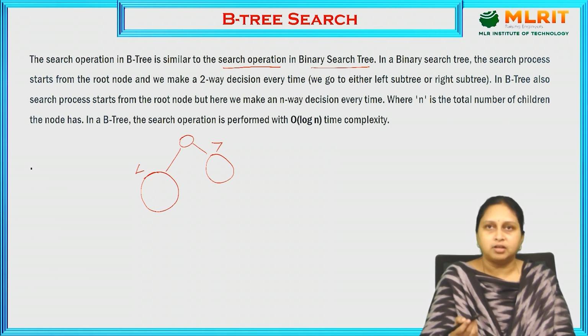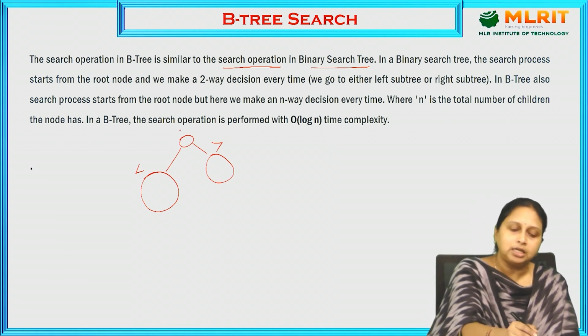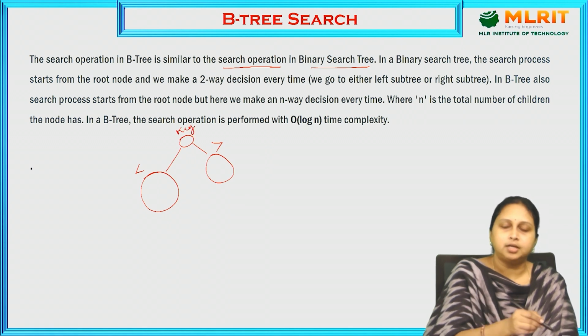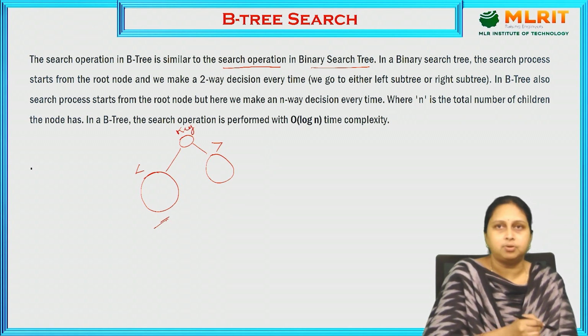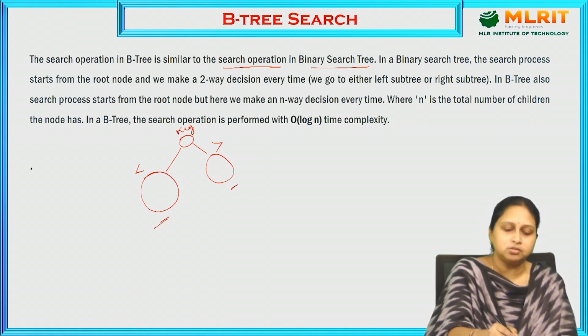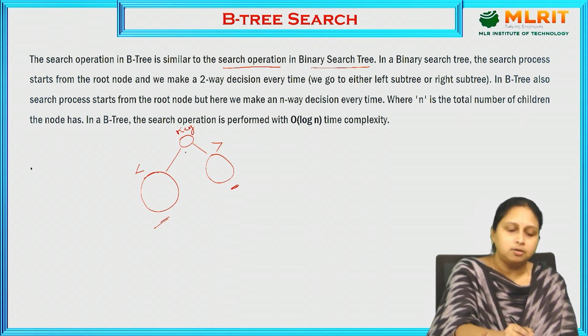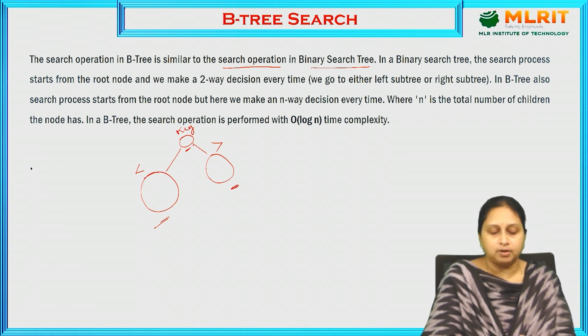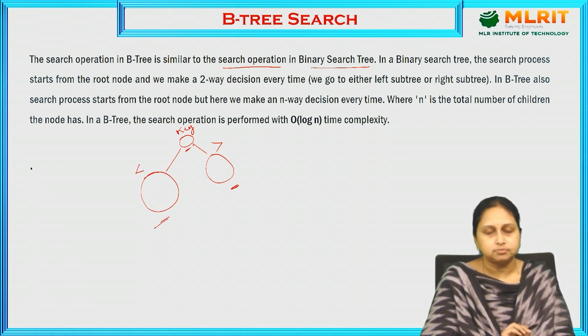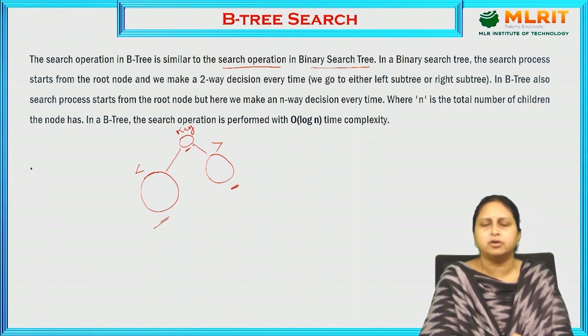If the key element is lesser than the root node, then we search on the left subtree, and otherwise we search on the right subtree. Or if the key value and root value are the same, then the key element is found at the root node, and we display that the element is found in the list.